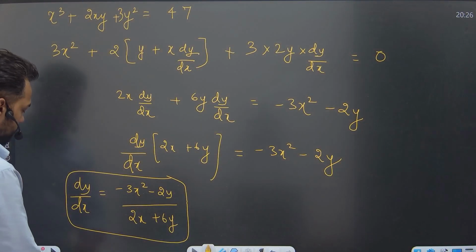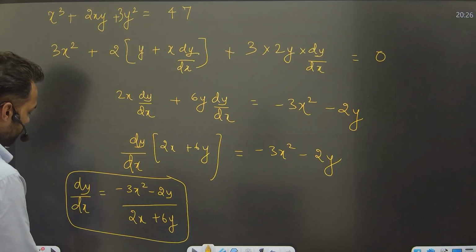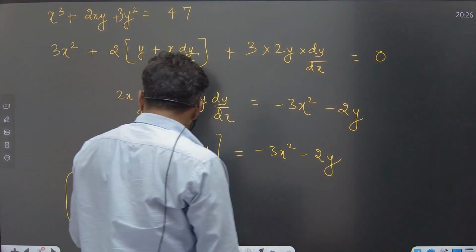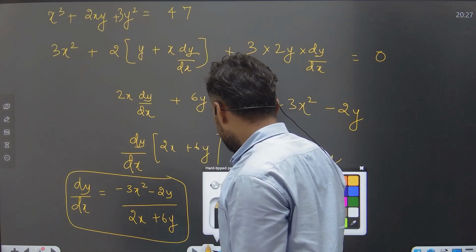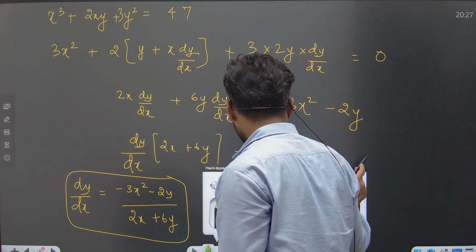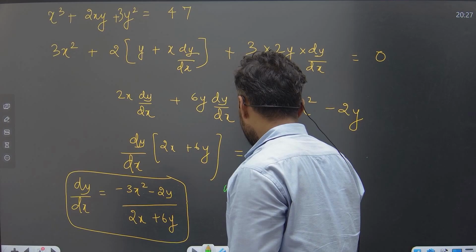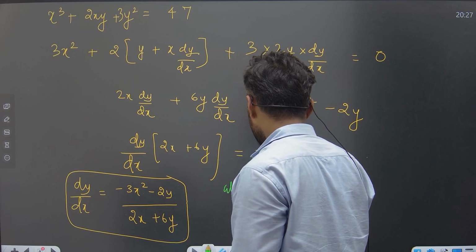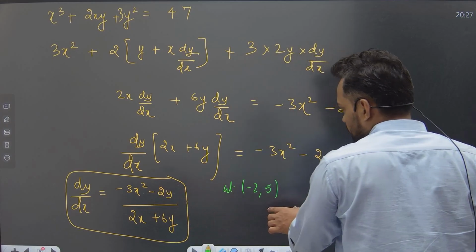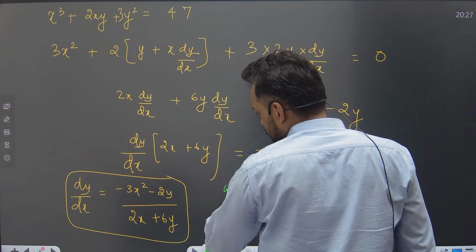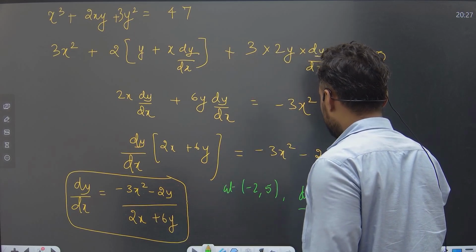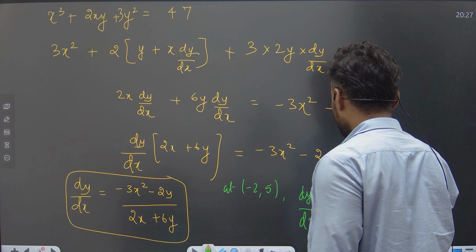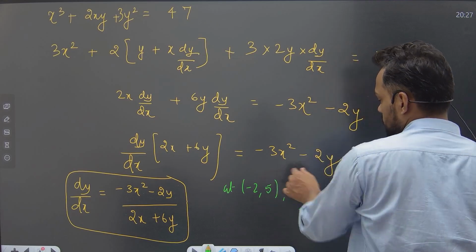So at negative 2 comma 5, what will be the slope of this particular curve? Just plug the value of x equals negative 2 and y equals 5 here, so we'll get the slope of this curve, dy by dx at negative 2, 5.